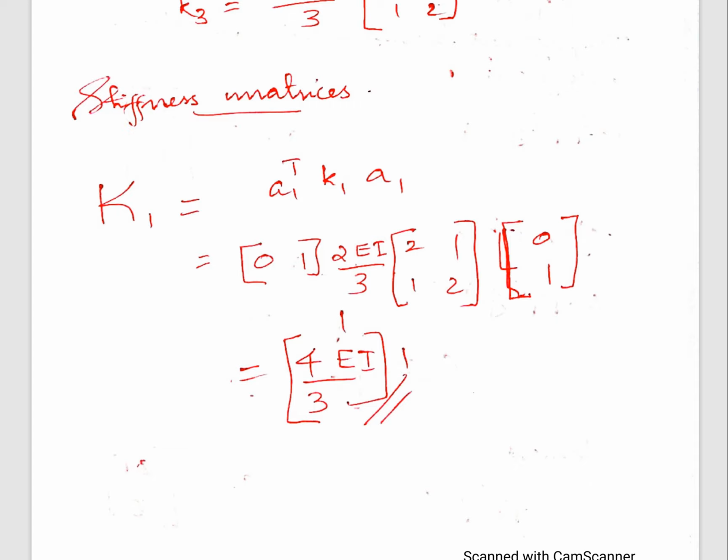Here I have marked as 1, 1 because we have only one column and one row, and this corresponds to R1 is equal to 1. That is why it is marked as 1 1. നമുക്ക് ഒരു കോളം മാത്രമേ ഉള്ളൂ, സോ അതിന് നമ്മൾ 1 കൊടുത്തിട്ടുണ്ട്. Similarly the row also, because this corresponds to R1 is equal to 1.